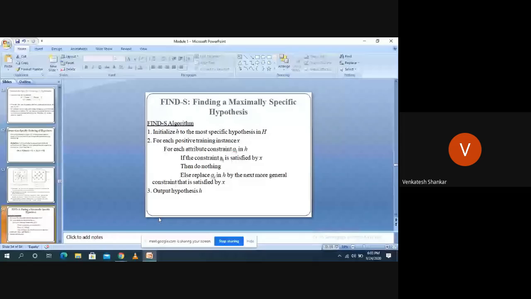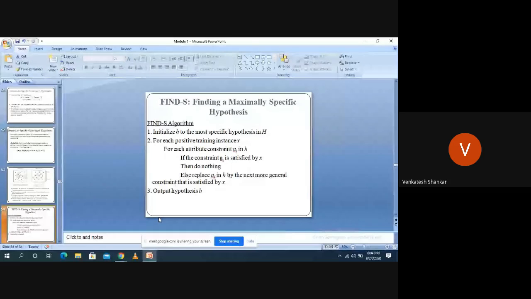FindS algorithm means we are checking only the most specific hypothesis. In the FindS algorithm, we are finding the specific hypothesis. Call it the positive hypothesis, the positive things, which is represented by a question mark, and the specific hypothesis which is represented by negative.